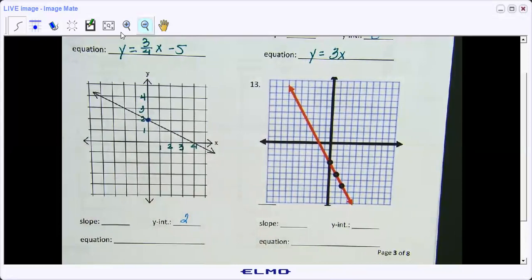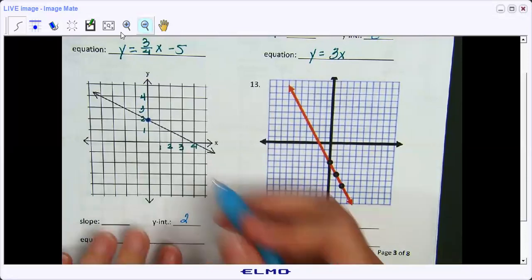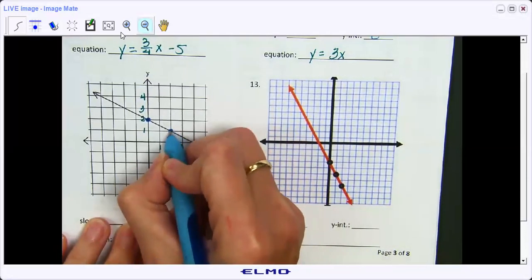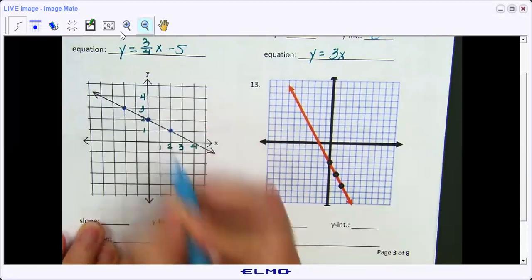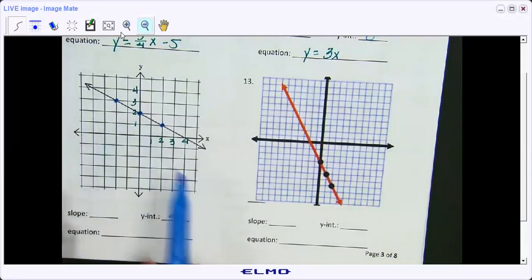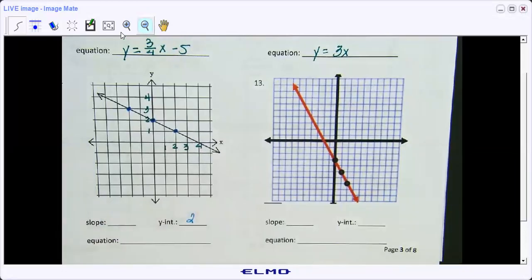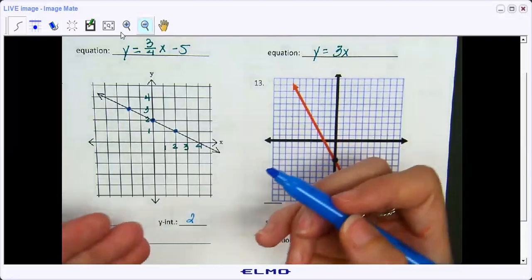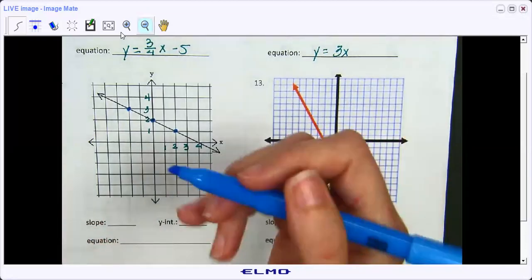And you can stop the video at any time and do these on your own if you would like. Next, I need to find another place where it crosses an intersection, and it crosses here or it crosses here. And now I need to find my slope. Now, I know that this is a negative slope because it's going up and to the left. But I'm just going to take one of my points.